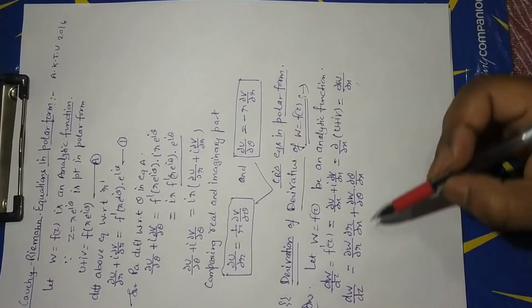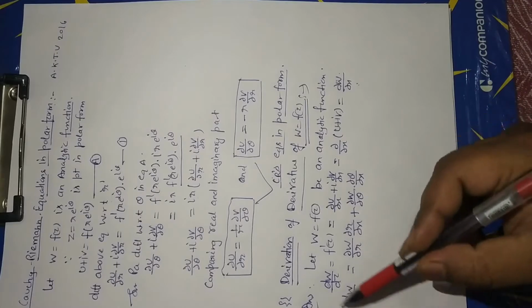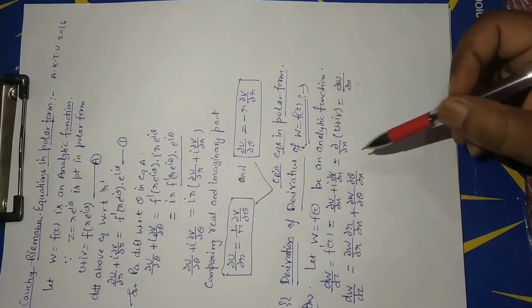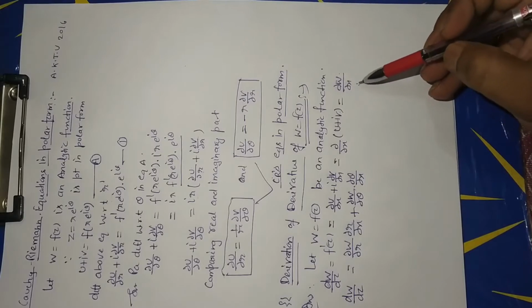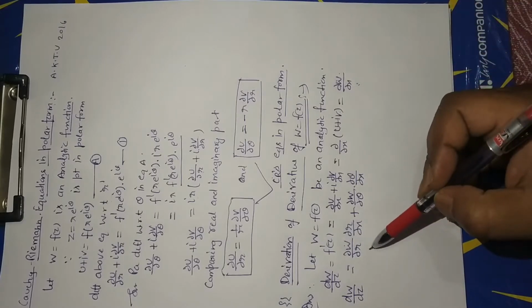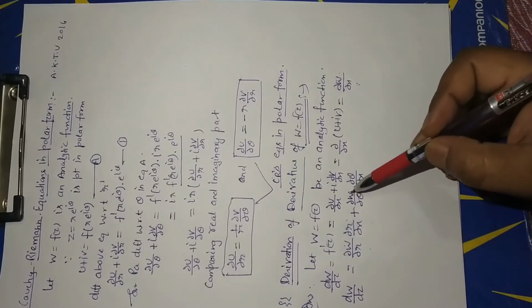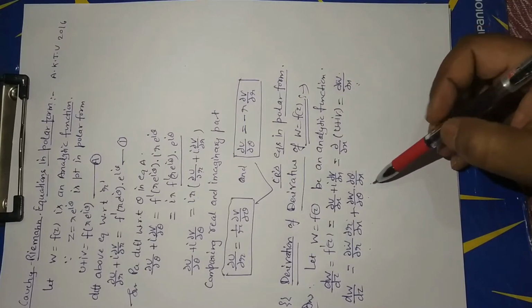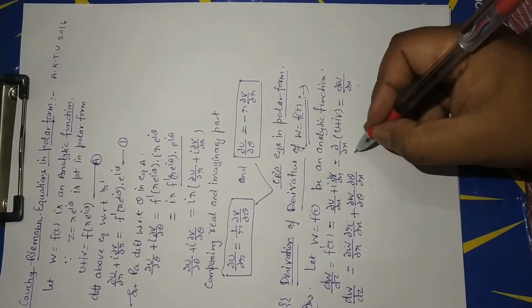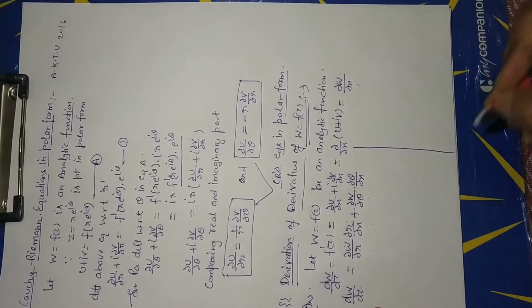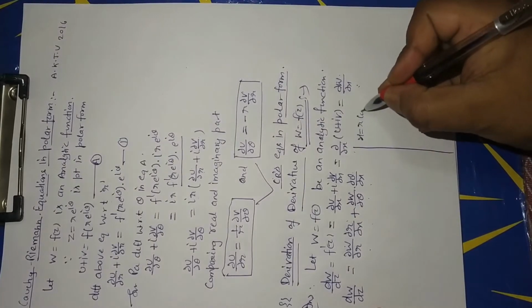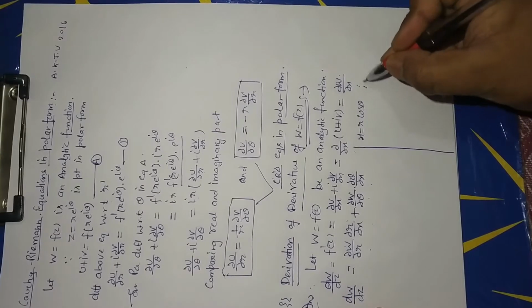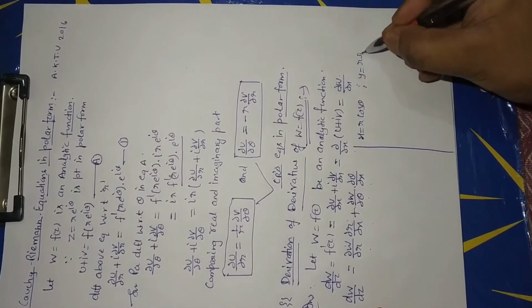Now we want to show the derivative of the function in polar form. Now del w upon del x converts into del w upon del r del r upon del x plus del w upon del theta del theta upon del x. Now for polar form, x equal to r cos theta, y equal to r sin theta.